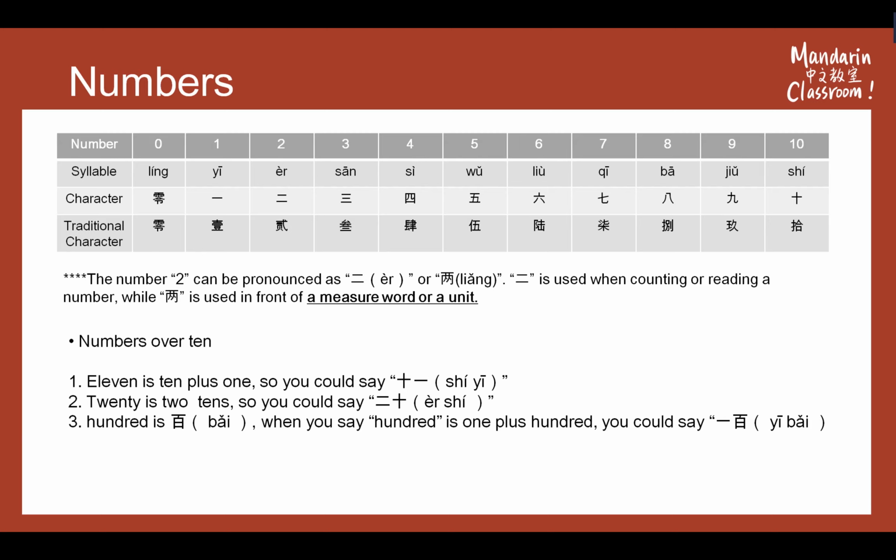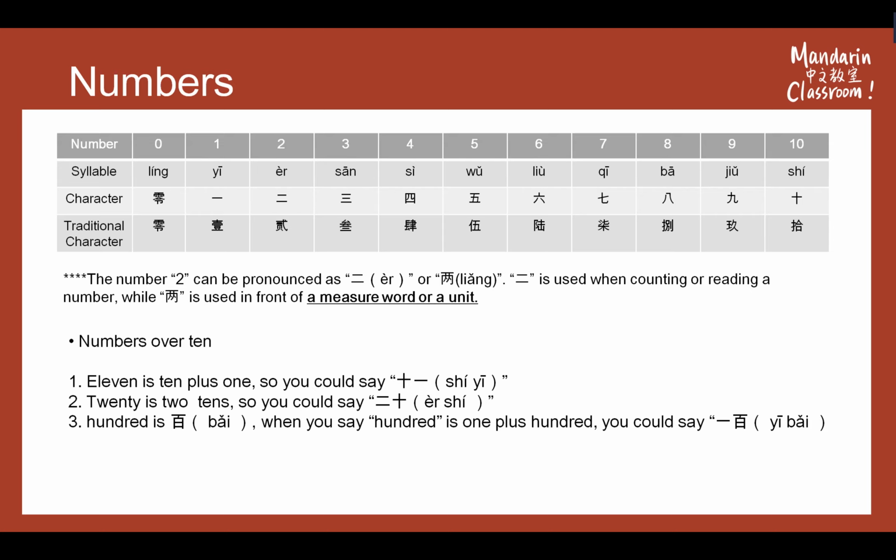And about 20, you could treat 20 as 2 tens, so you pronounce 2 first and then say 10. So 20. Okay, 30: you pronounce 3 first and then 10. So it's 30.